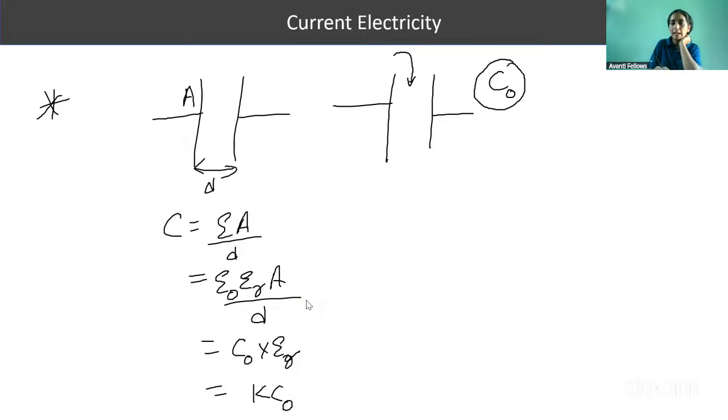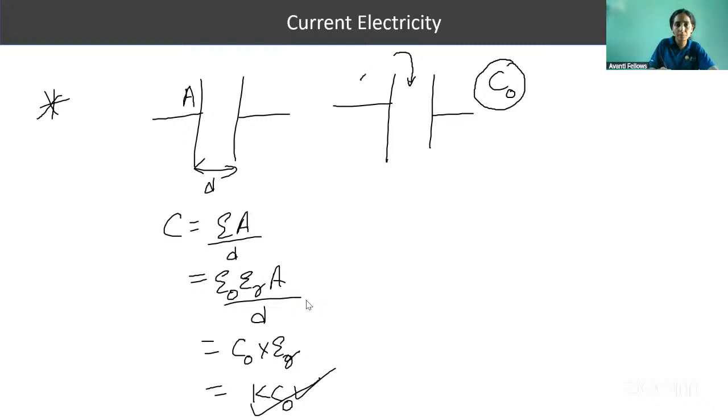The capacitance will increase by K times. That is the first thing. We will later discuss what else will happen to all other variables, like potential difference, electric field, energy and so on. But before that, let us look at more formulas.